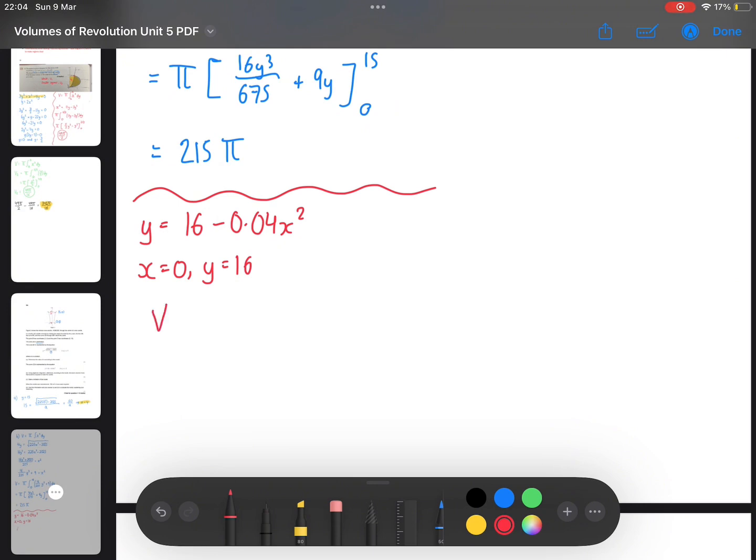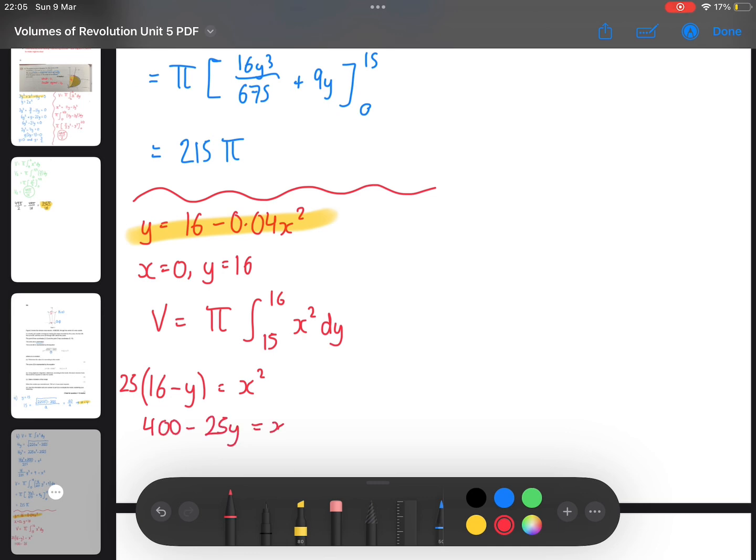So our volume is pi times the integral between 16 and 15 of x squared dy. And if we rearrange this expression for x squared, then we're going to get 16 minus y times 25 equals x squared. So that's 400 minus 25y equals x squared.